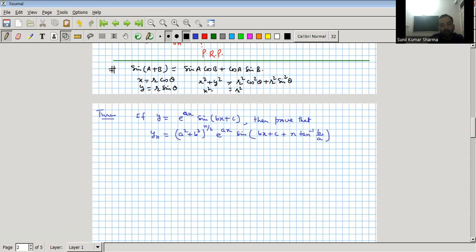So we get r square. So x square plus y square equals r square, or r is equal to x square plus y square to the power 1 by 2. Also, if we divide y by x, we get r sin theta upon r cos theta, so we get tan theta, and theta is equal to tan inverse y upon x. So these are some results which we use while we prove this article.